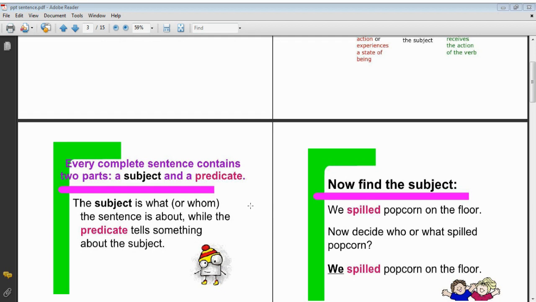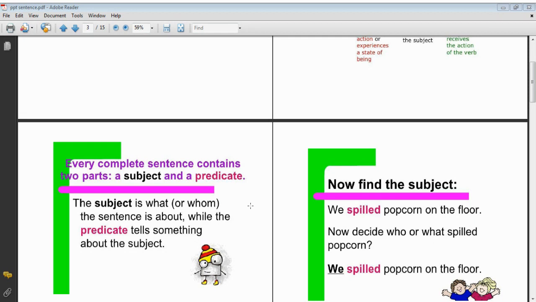The subject is what the sentence is all about, while the predicate tells something about the subject. So, what is meant by predicate? Subject is the doer of the action, and the later part of the sentence after the subject tells us about the subject. So, the later part of the sentence, which tells us or which describes the subject, is called predicate.